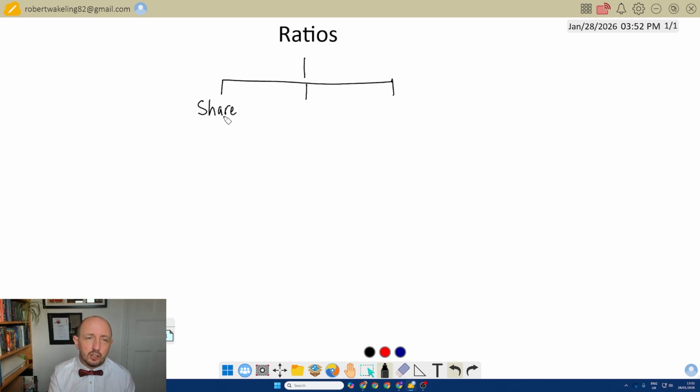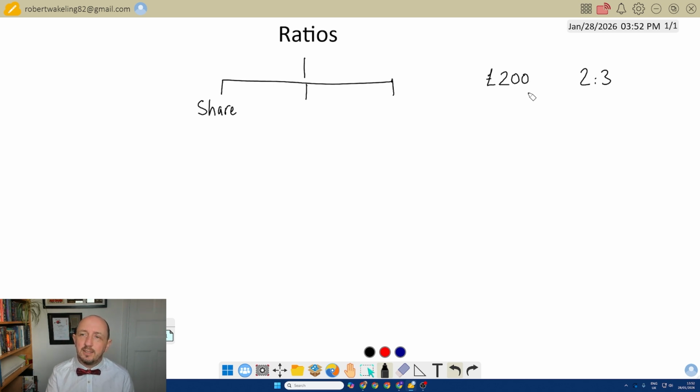So sharing is taking a sum of money, like £200, and sharing it in the ratio of 2 to 3. And what that means is taking £200, like imagine you have £200 coins, you're going 2 for you, 3 for you, 2 for you, 3 for you, and you keep doing that until you run out of money.